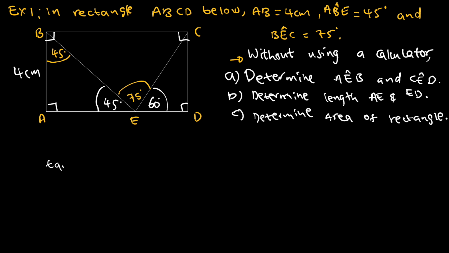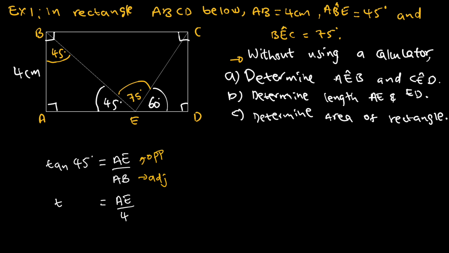So tan 45 is equal to AE, which is your opposite, over AB, which is your adjacent. We know AE is what we are looking for and AB is equal to 4.